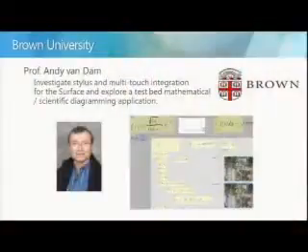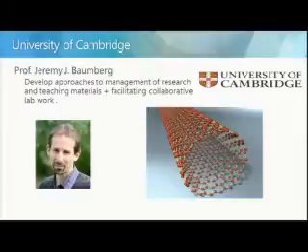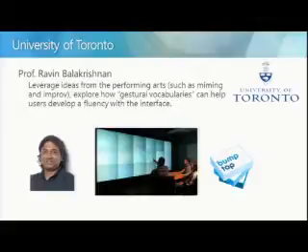Oh, there he is. At Brown University. Professor Jeremy Bomberg, who I think is also in attendance this week. And Professor Ravin Balakrishnan of the University of Toronto. So all of these are exciting projects that have generated publications that we're excited to see coming out, and I hope that you will watch for those in the appropriate academic forums.